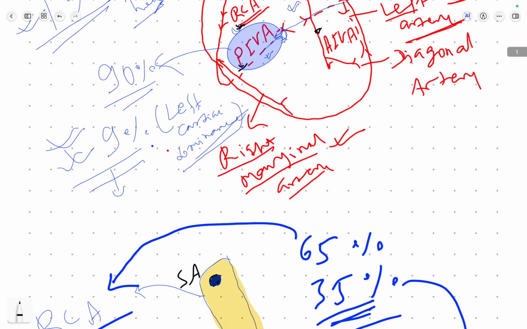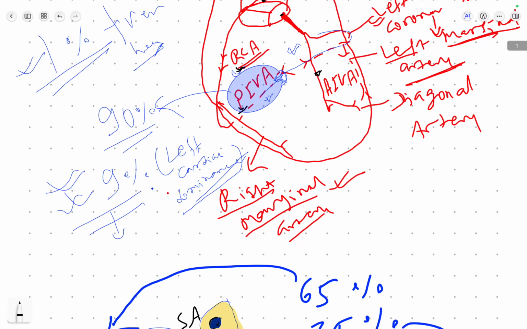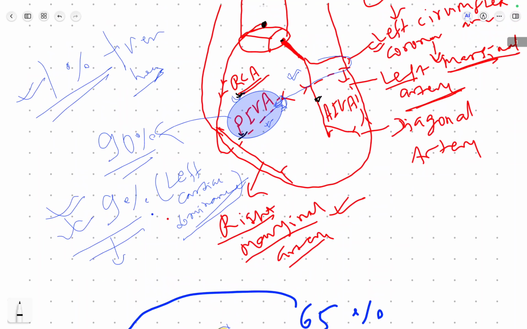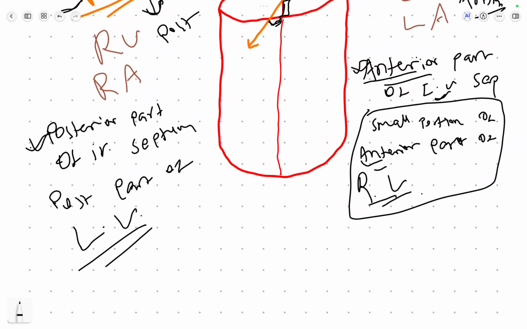So if you remember that the right coronary artery originates from the anterior portion but supplies other structures mainly posteriorly, the naming is like that: the posterior interventricular branch, then the posterior part of the septum and the posterior part of the left ventricle.